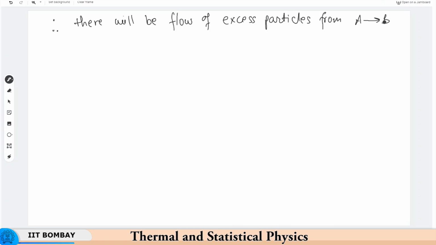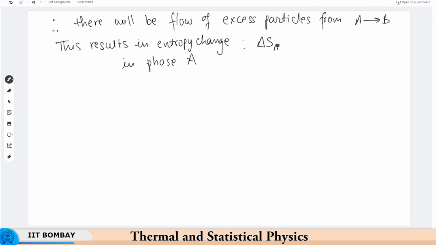Okay. And this results in an entropy change in phase A. So, what will be the entropy change? That will be delta S A, and this is minus mu A by T A times minus delta N A. And how did I get this equation?